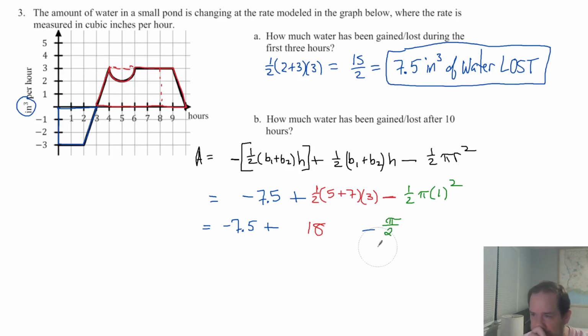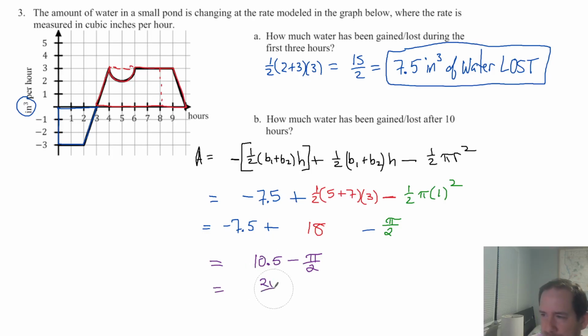So that's kind of ugly, but that's okay. So if we want to just finalize our answer, then we're taking 7.5 away from the 18, so that leaves us with 10.5 minus pi over 2. And this time, 10.5 for sure.